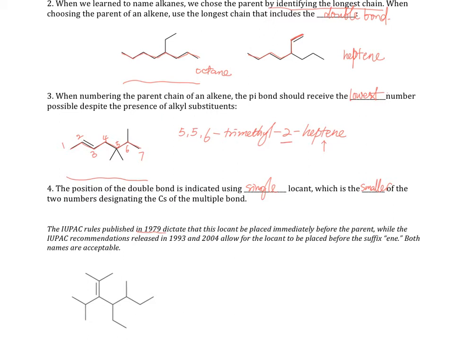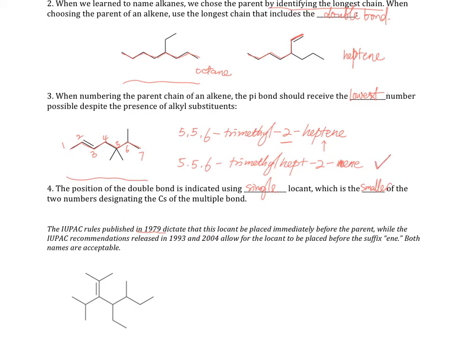So for the same structure, we could also write 5,5,6-trimethylhept-2-ene. Okay, so this is more commonly used, even though both are considered correct. So we're going to follow this more recent rule from now on.